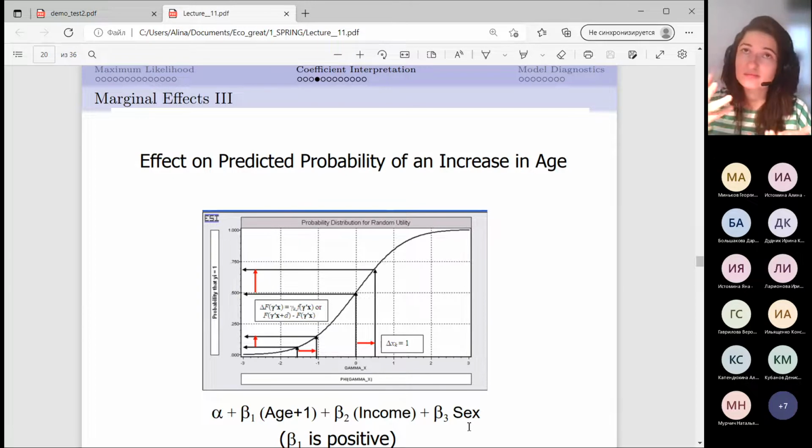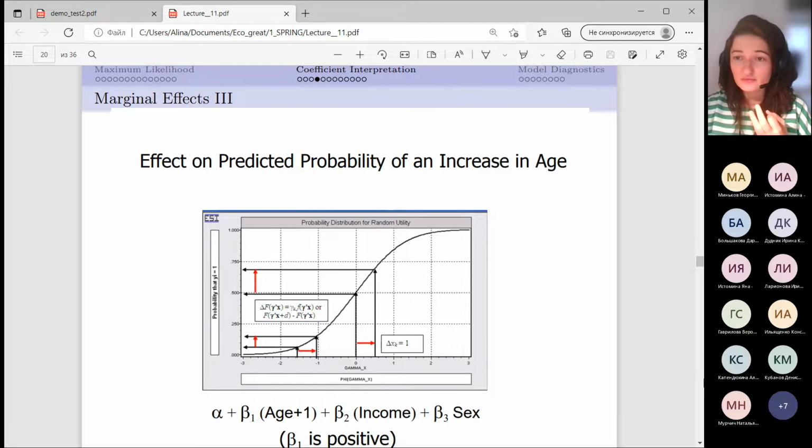It will be easily done if we compare with the continuous cases. But let's say that we have here a variable income or variable age. These variables are continuous, so we have many different cases for each variable.